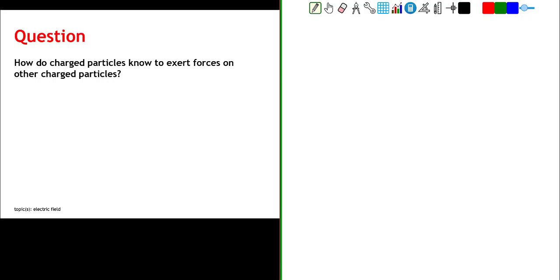So how do they know to push or pull on another charged particle? How does a negative charge know to repel another negative charge? How does a positive charge know to repel another positive charge? Yet if you put a negative and a positive together, how do they even know they're negative and positive and know to exert attractive forces on each other?